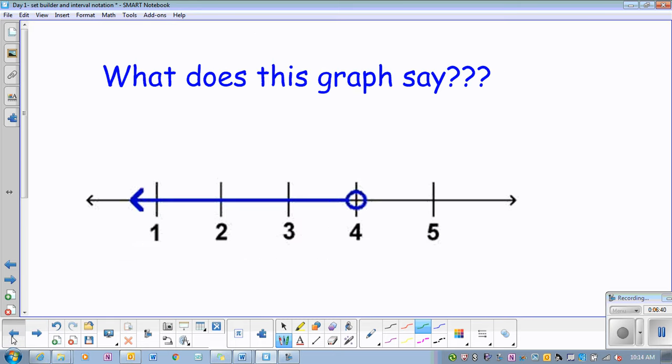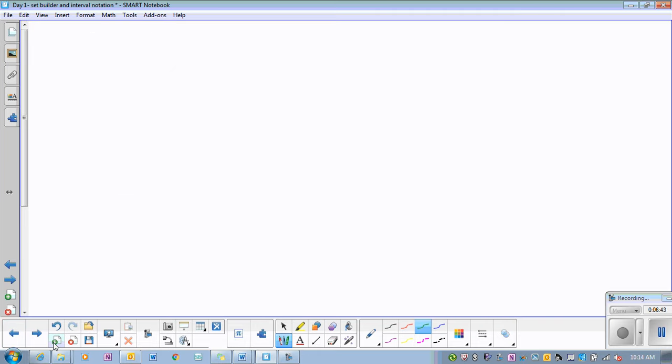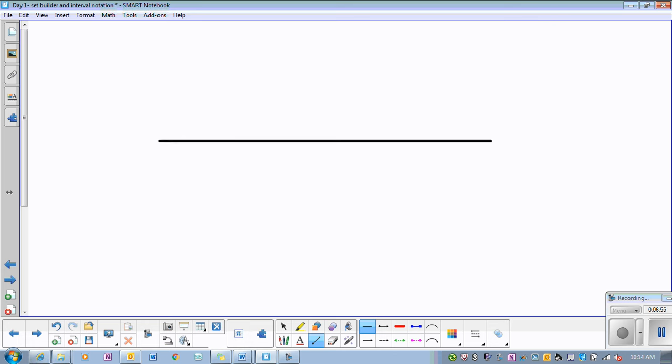So let's talk about something really quickly. If you have a number line, you have a number line like this, right? 0 in the middle, just a regular old number line.